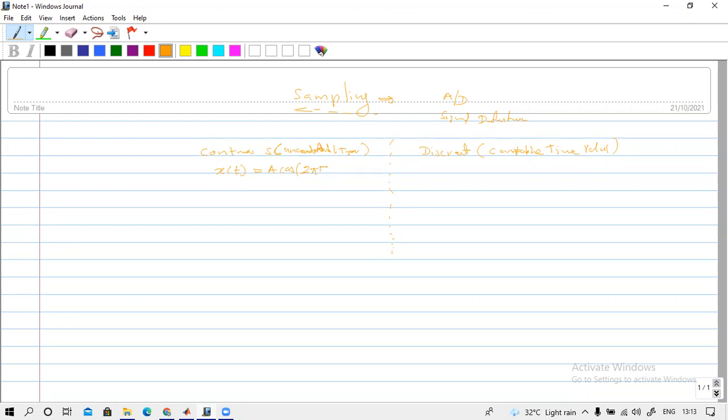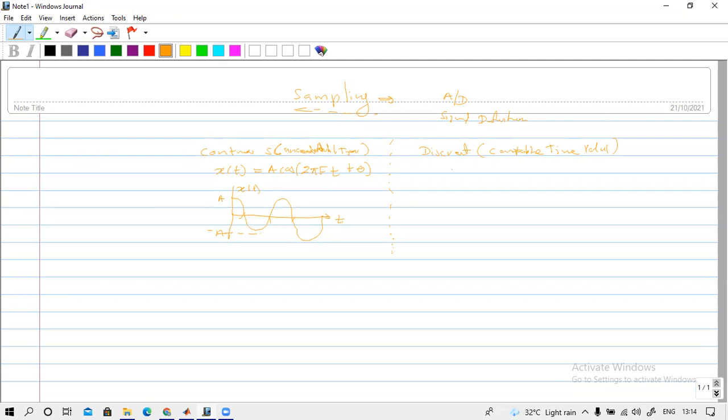I will put capital F here, because Dr. Udesh used capital letters to denote the continuous time signal frequency. So this is a continuous time sinusoidal signal. This signal will look like this, with A here and minus A here, and some t values. This is t and this is x(t).